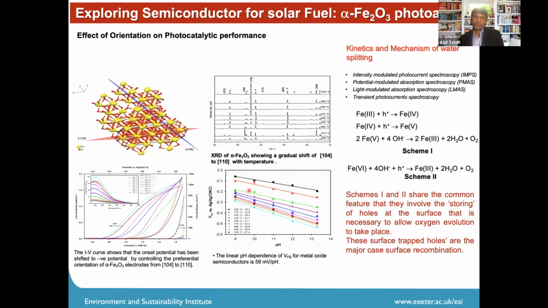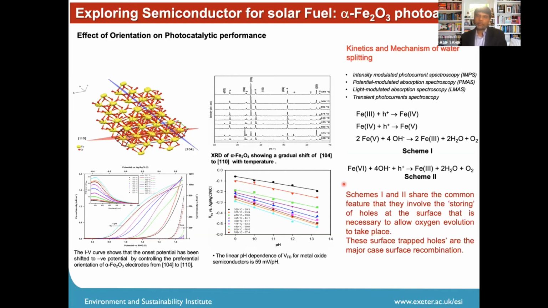So storing these 3 or 4 holes is very difficult, and that brings the recombination element into the reactions. As a result, most of the electrons generated, once the holes are stored onto the surface, recombine with the existing hole instead of moving to the counter electrode to generate hydrogen.